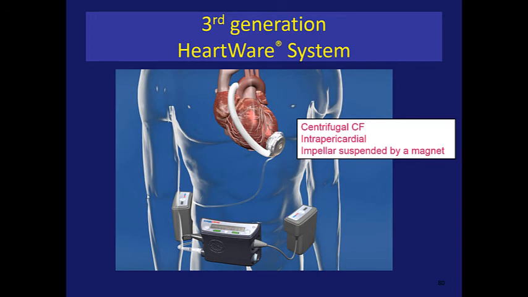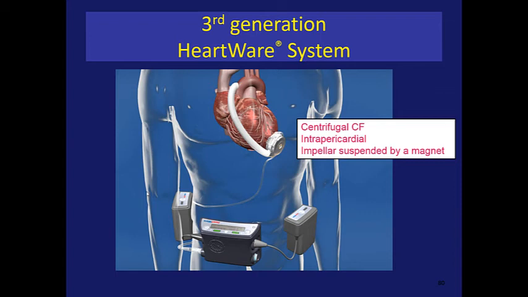The third generation device is called the HeartWare system. Kind of the same configuration, but you can see there's no inflow cannula. The device is intrapericardial. And the outflow cannula is still connected to the aorta, right here, drive line.